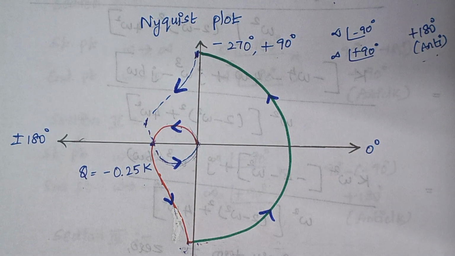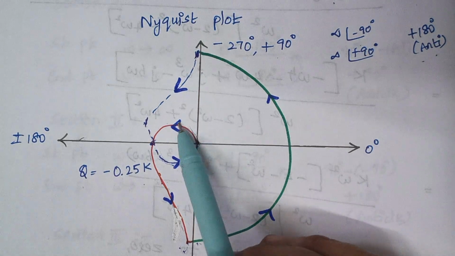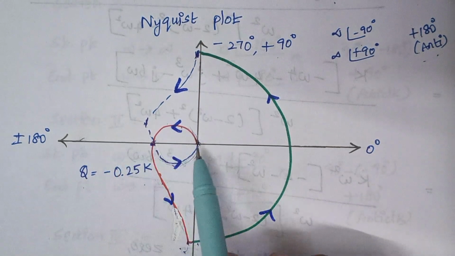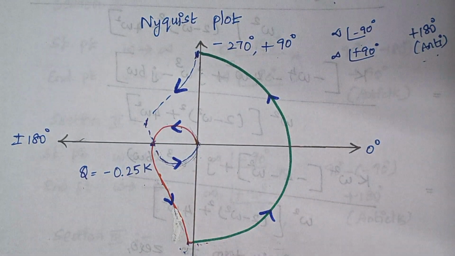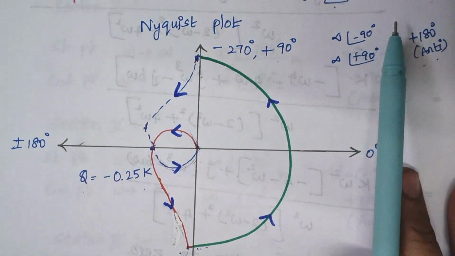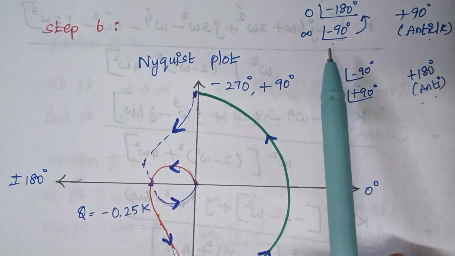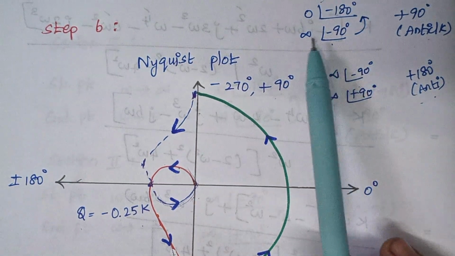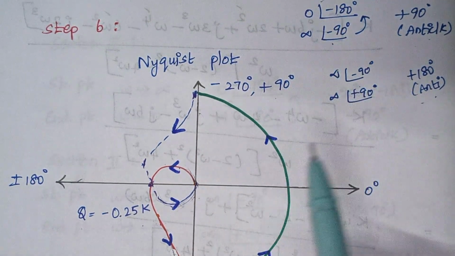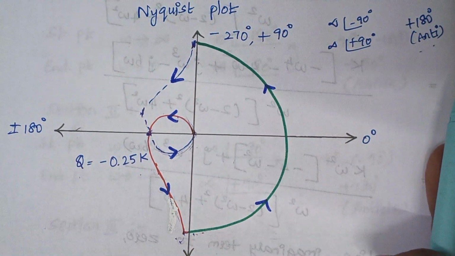The reason is we are having an intersecting point, so our plot should always intersect the negative real axis. That is the first most important point. And the second thing is, from these values, our plot should end at the minus 90 degree line and the magnitude is infinity. So that is the reason we are drawing the plot like this.